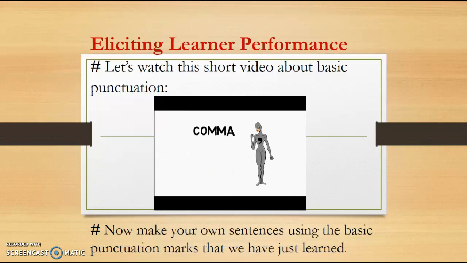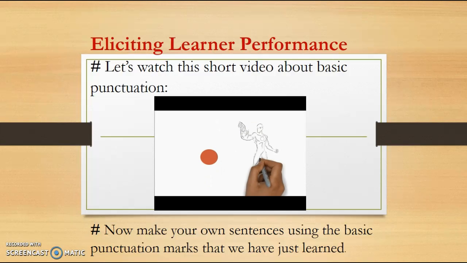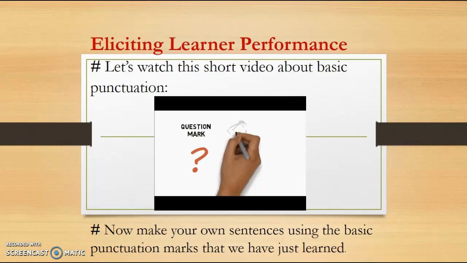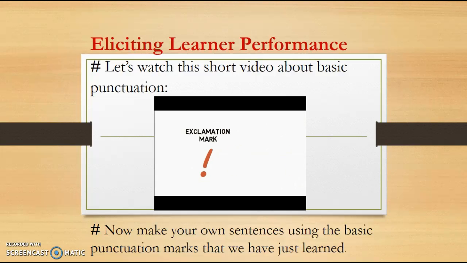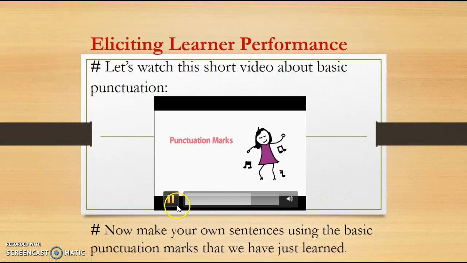So when you're stop. The question mark will ask you something you have to figure out. Like who, what, when, where, why, and how. The exclamation mark means to show strong feeling, like shouting and yelling, so make sure that you mean it. Punctuation marks. You got to have a meaning set.